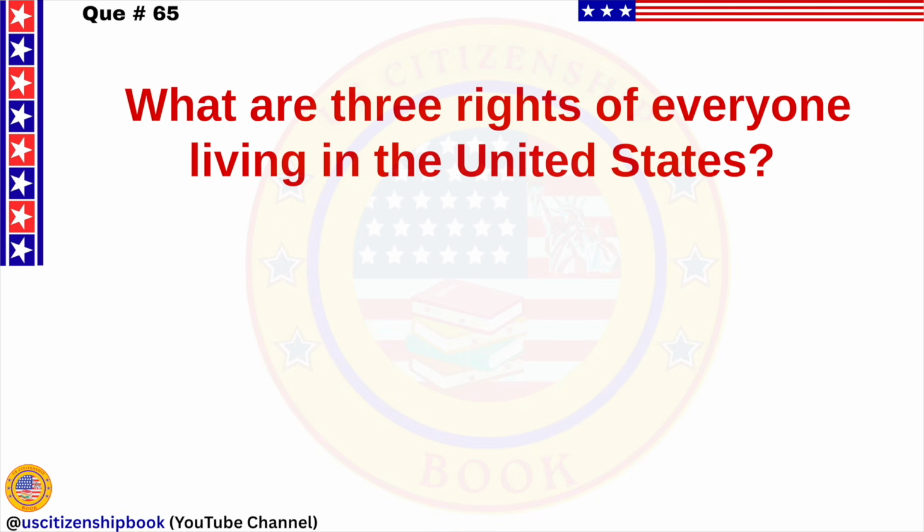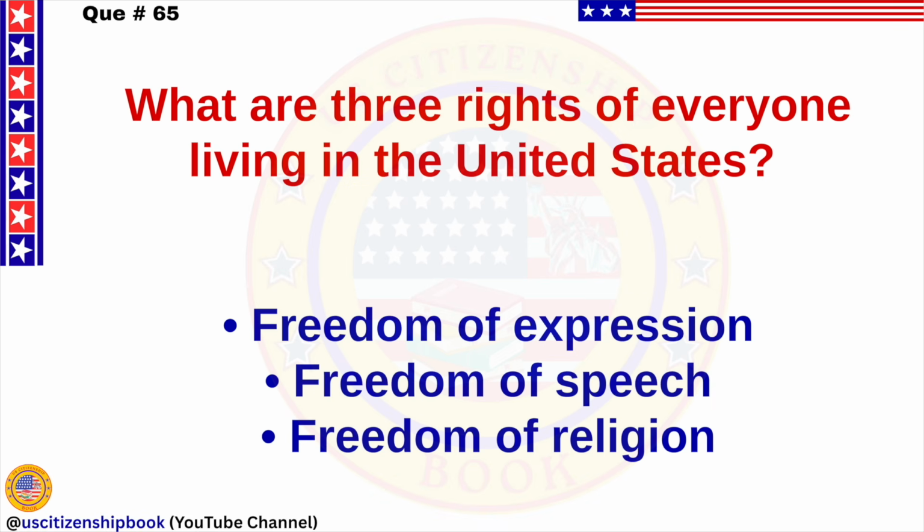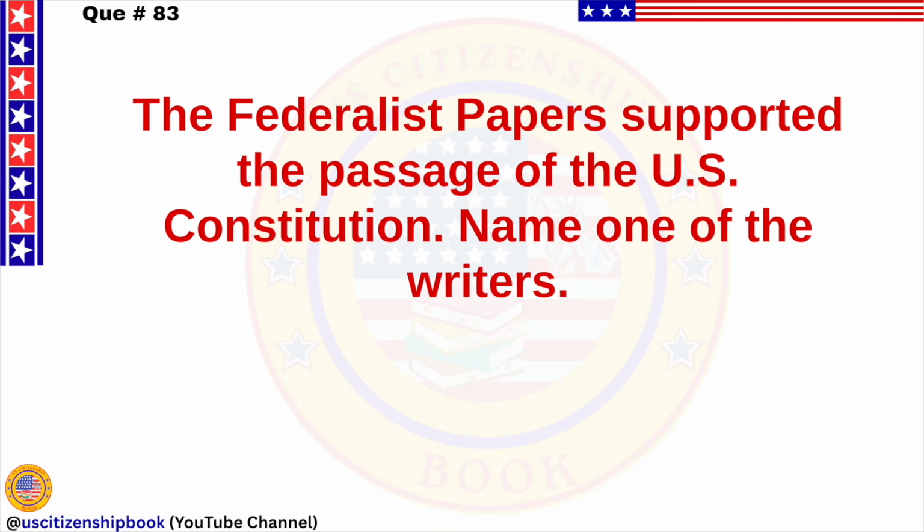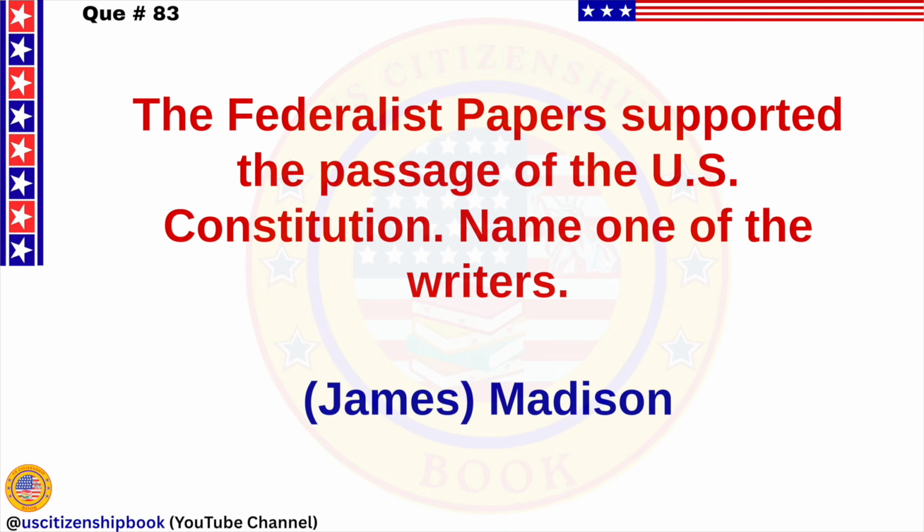What are three rights of everyone living in the United States? Freedom of expression. Freedom of speech. Freedom of religion. The Federalist Papers supported the passage of the U.S. Constitution. Name one of the writers. James Madison.